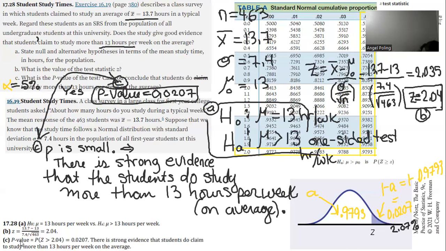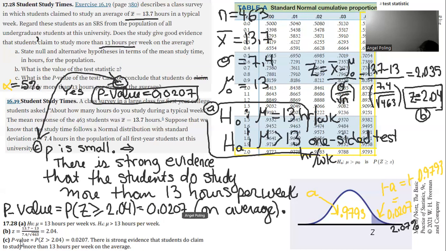On my paper, I wrote p-value is equal to the probability that a z-score is greater than the observed, and that is 0.0207. Okay, and then that is us using the p-value rule from the book. So now I think it is most complete.